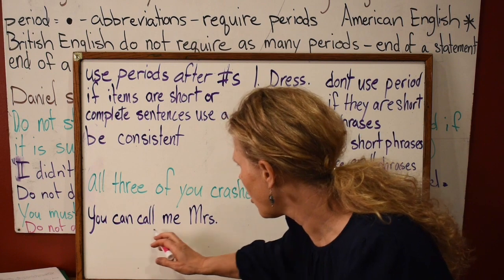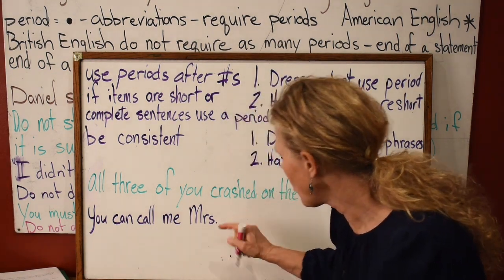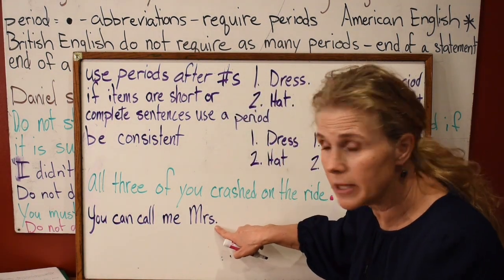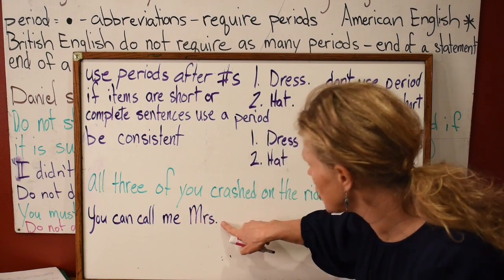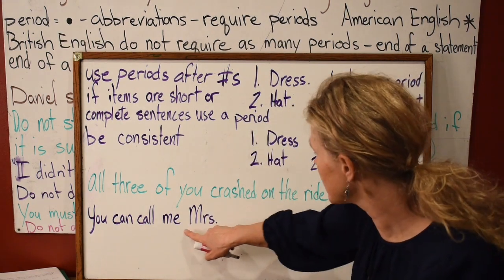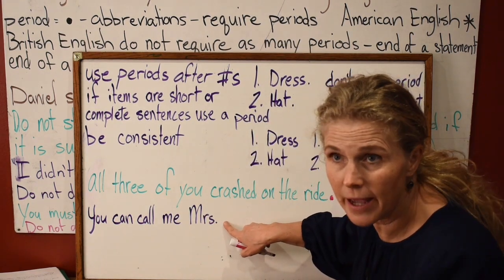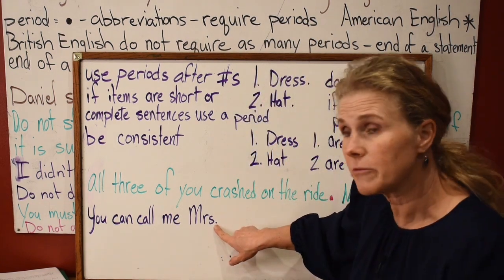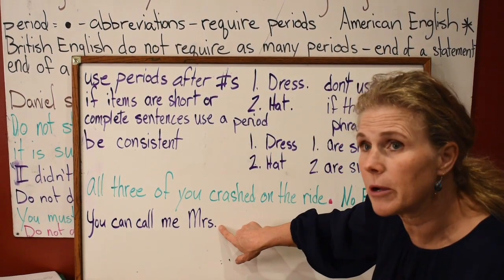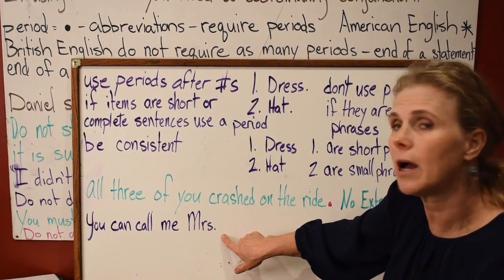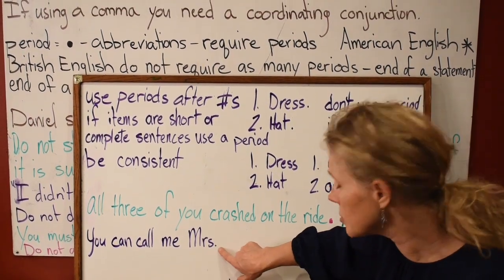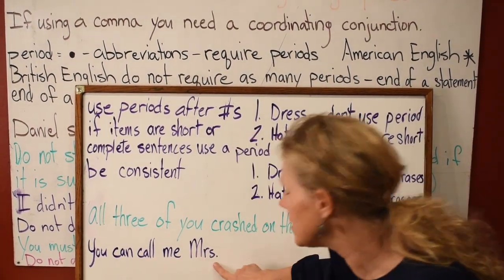Right here, you can call me Mrs. Here's an example where you can use 1 period for this abbreviation and you don't use a double period. Okay? Right here, this is abbreviated, so it uses a period, but it's also the end of a statement. So you use a period. You can call me Mrs.